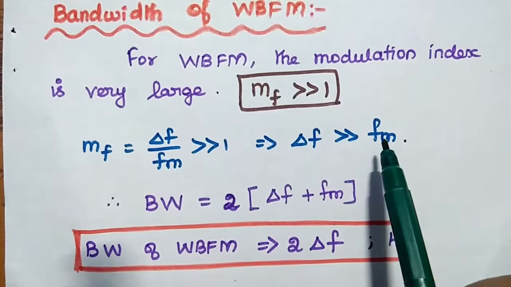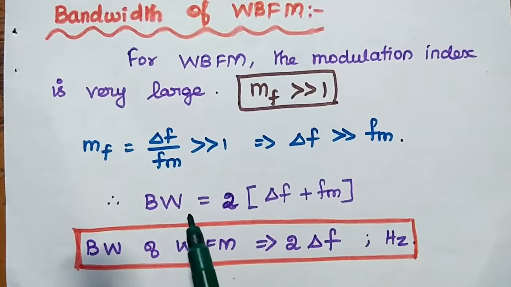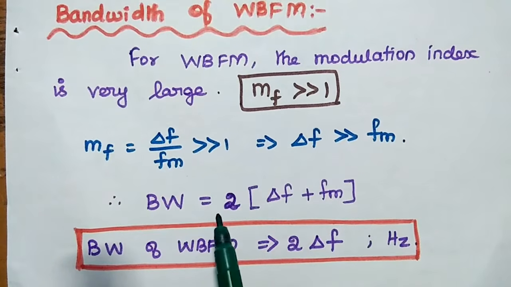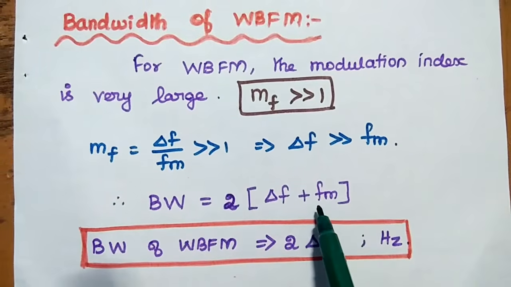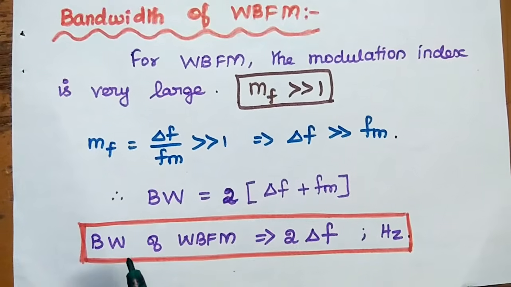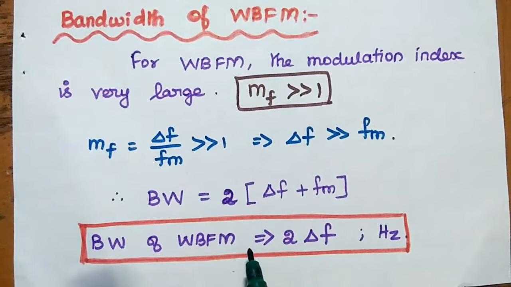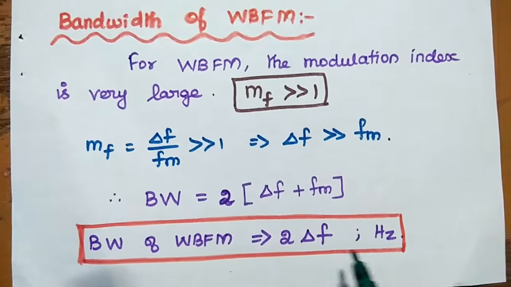In that case, we can simply ignore this Fm. According to Carson's rule, bandwidth is equal to 2 times (delta F plus Fm). Here Fm is negligible. Finally, the bandwidth of wideband frequency modulated signal is twice the frequency deviation.